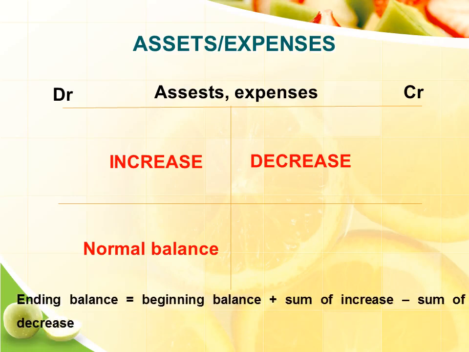Ending balance equals beginning balance plus the sum of increases and minus the sum of decreases. Now, summary. Debits increase assets and expenses accounts. Credits decrease the accounts. And assets and expenses accounts normally carry a debit balance, or the normal balance is on the debit side.